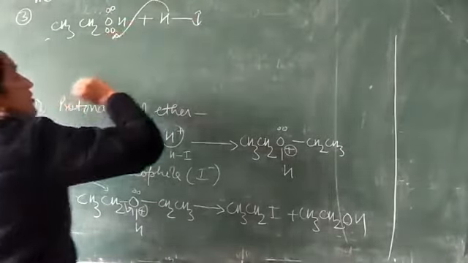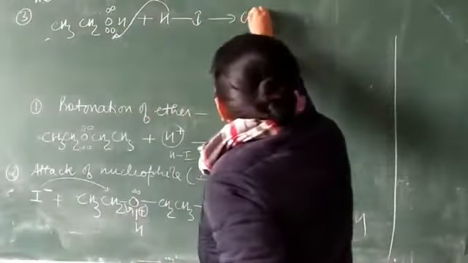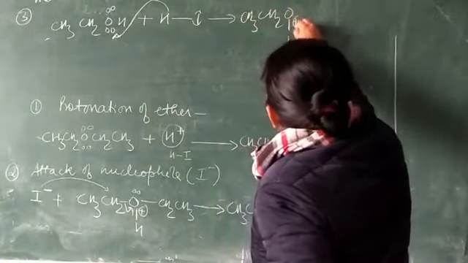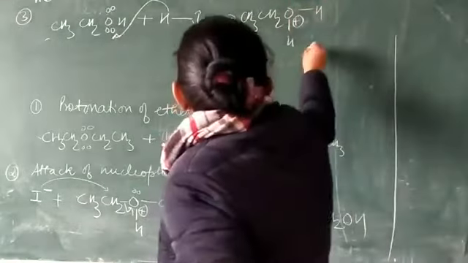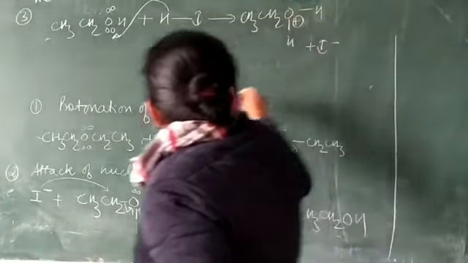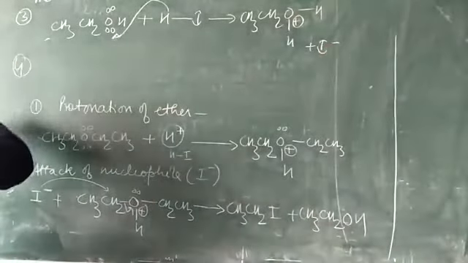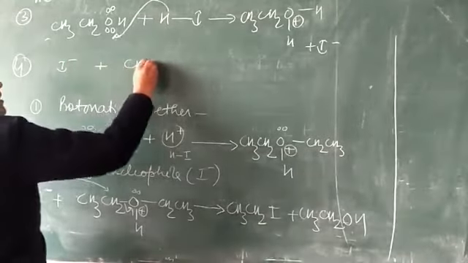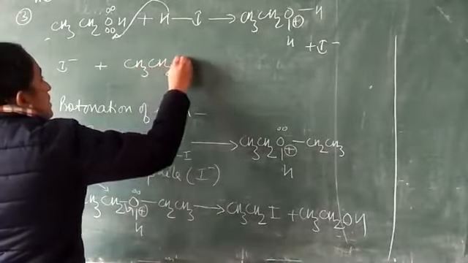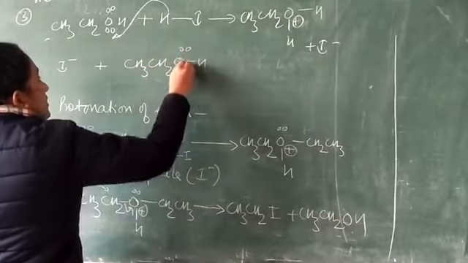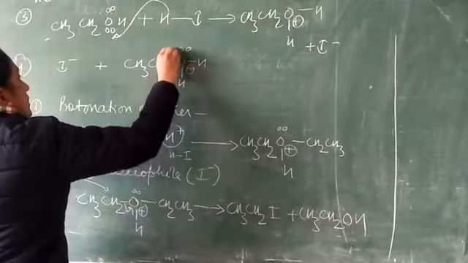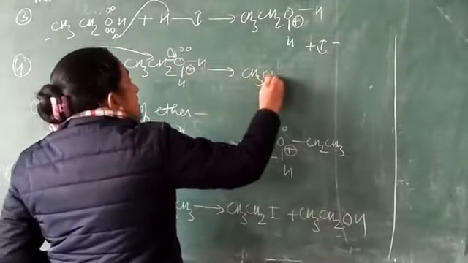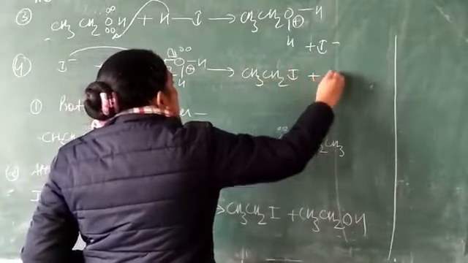Again the protonation will take place. We will get CH3CH2O with H2 in this way, and I negative will be released. The next step will be I negative plus CH3CH2OH2 plus, and this I negative is going to attack on the carbon, and you will get CH3CH2I plus H2O.